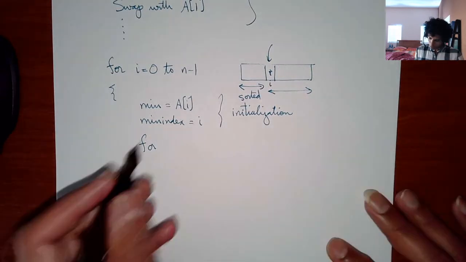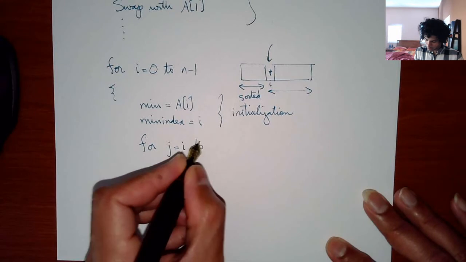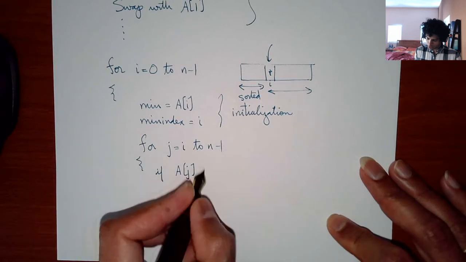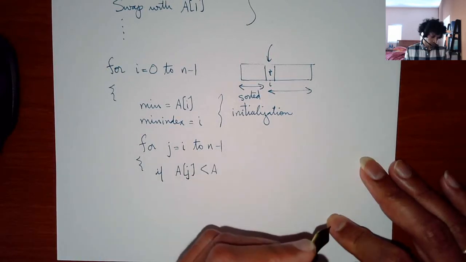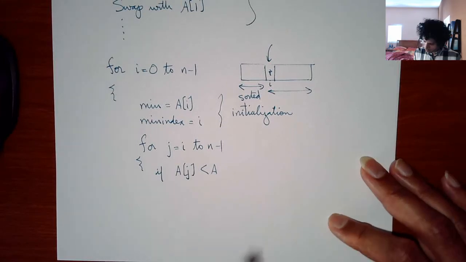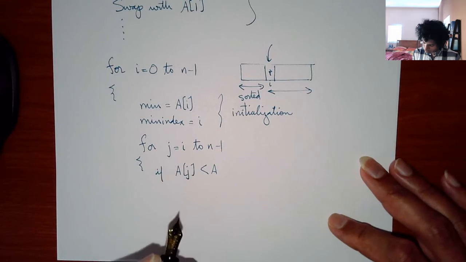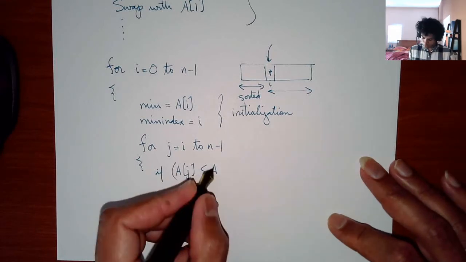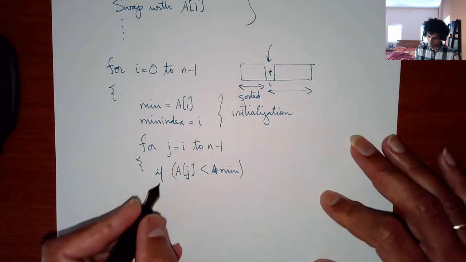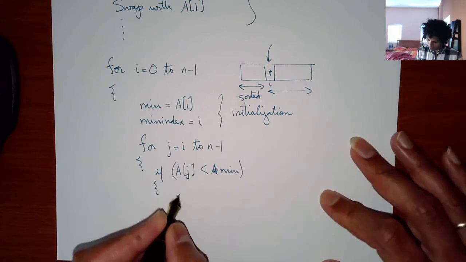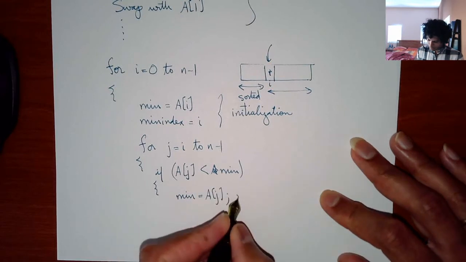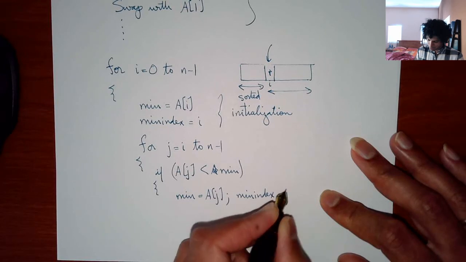So we'll say for j going from i to n minus 1, we'll say if A of j is less than the current min, then you just update the min. So the min is now equal to A of j, and the min index is equal to j.